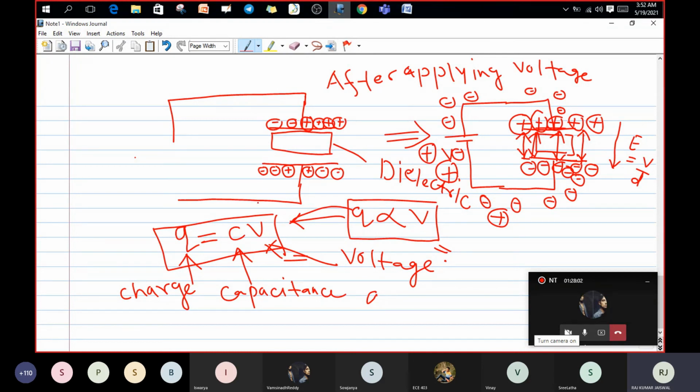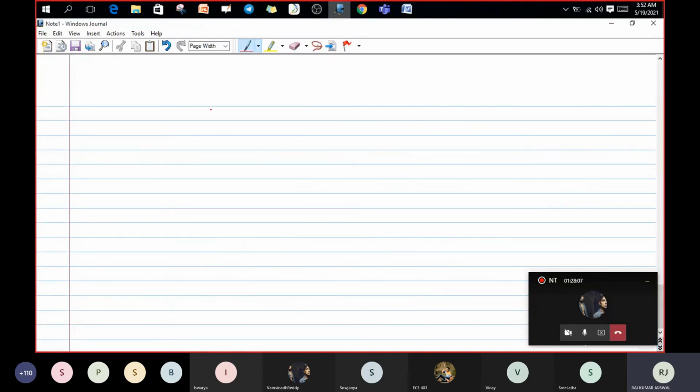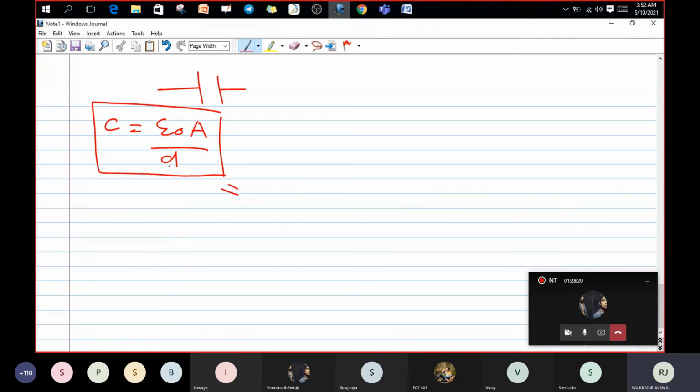Okay, so some formulas are there. See guys, if one capacitor is there, it depends on C equals to epsilon naught A by D. You already know this formula, where D is nothing but the distance between the two plates.